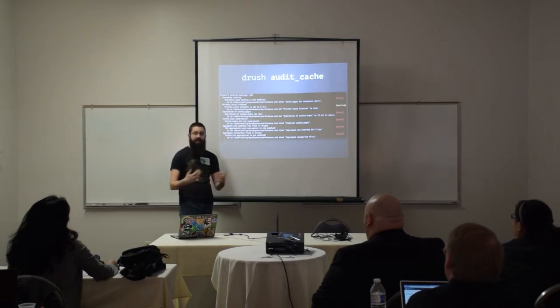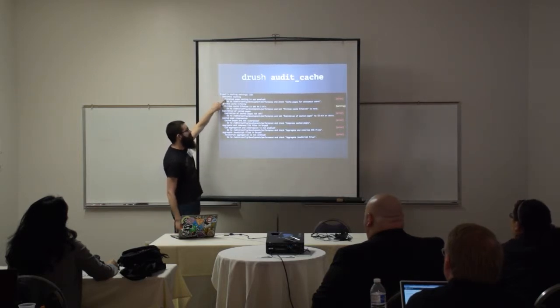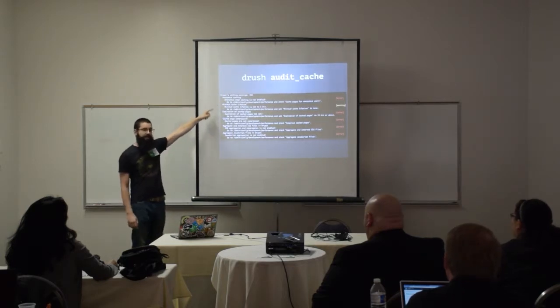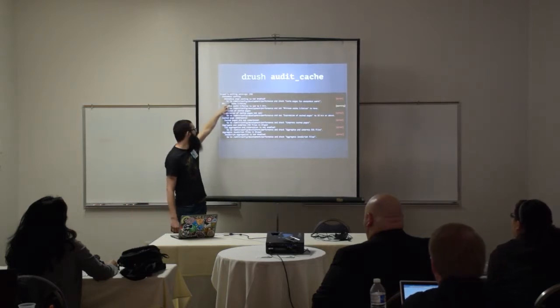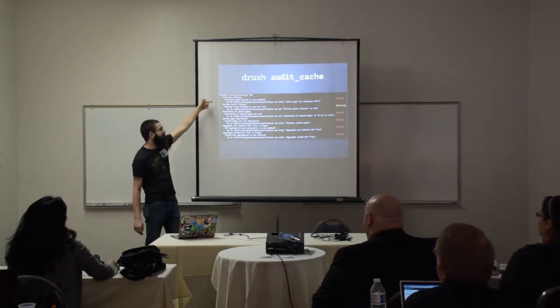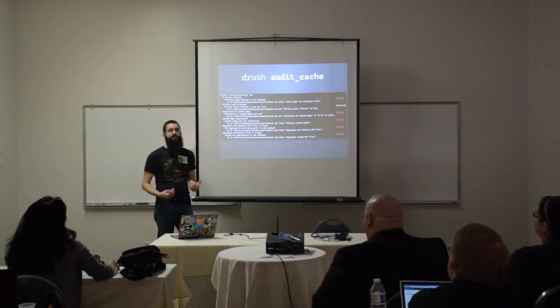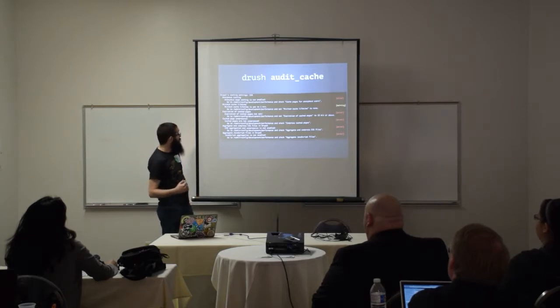Humans can relate to that percentage. Here's the check, anonymous caching, and then the check result: anonymous page caching is not enabled. That's a problem. It considers that an error, and then it gives you the actual recommendation: go to admin config development performance and check cache pages for anonymous users. It gives you that context. Now, there might be a very good reason why you haven't done that. Probably not, though. It's probably a mistake.